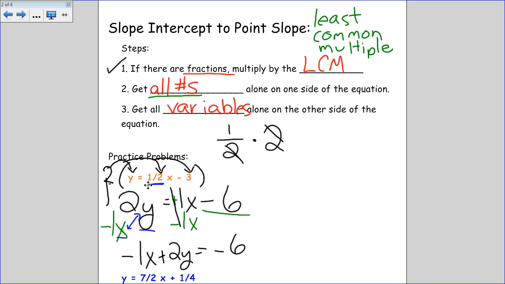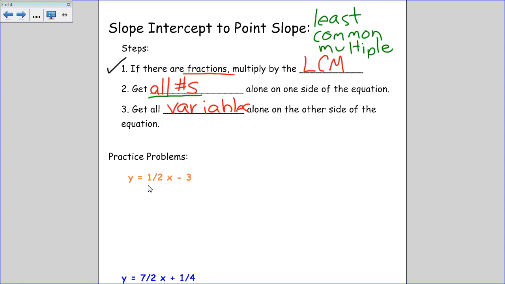We can use that. All right, our next one, I'm just going to erase what we have here. And we'll move this one up so we can see it a little better. It says y equals 7/2 x plus 1/4. All right, let's go back and look at our steps.